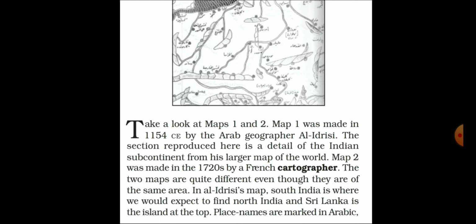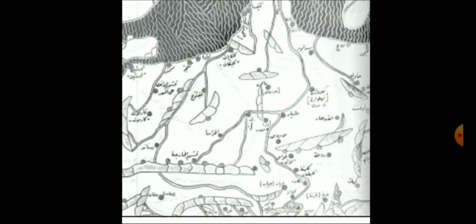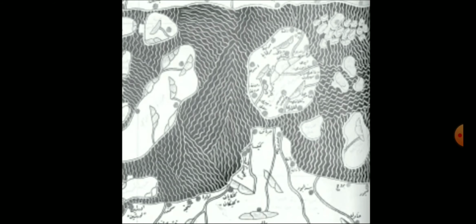And also in Idrisi's map, place names are marked in Arabic, that you can see clearly here, that most of the parts are mentioned in Arabic language.